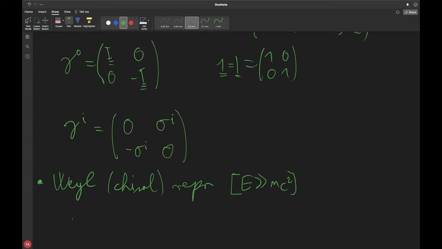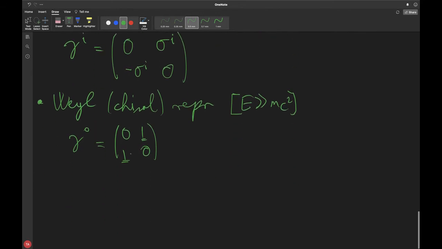So in the Weyl representation, the gamma 0 is 0, identity matrix here, and 0, and the rest, gamma i, is the same as 0, sigma i, minus sigma i and 0.